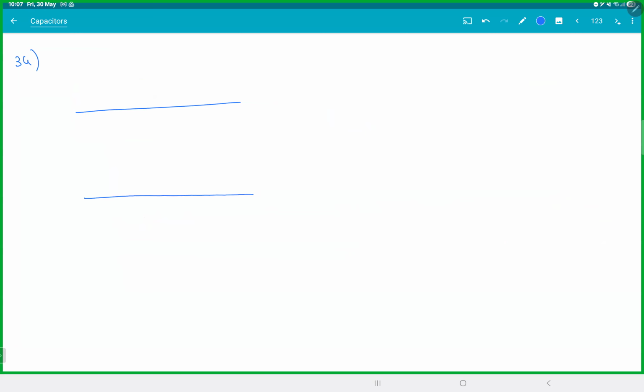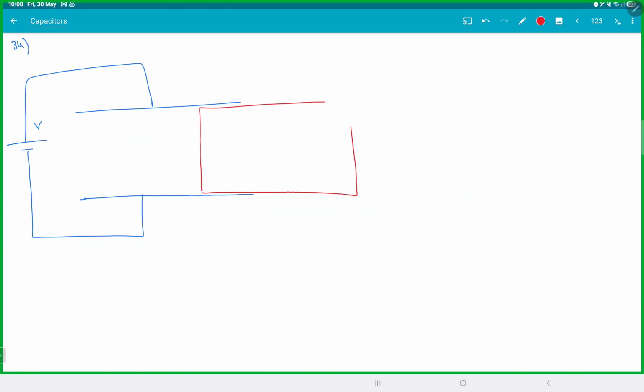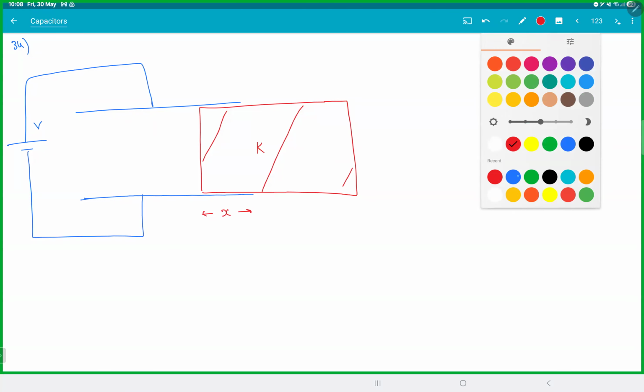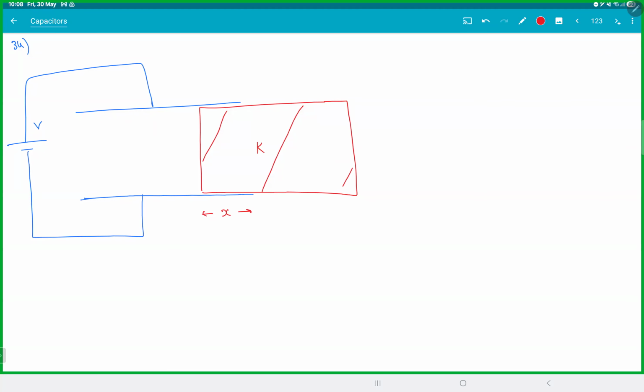So if we have two parallel plates connected by a battery, then what you did, you introduced a dielectric slab partially into this. Let this distance be x. Let me show you, in 3D, the picture would have looked like this.